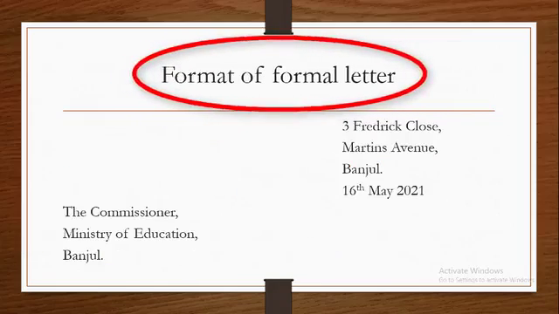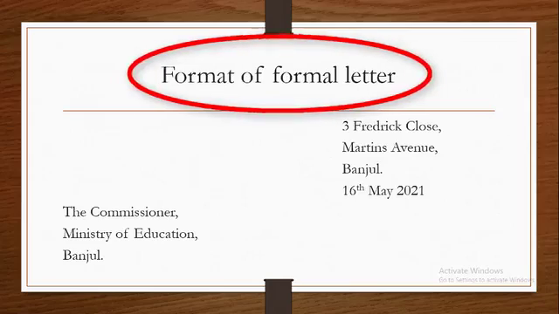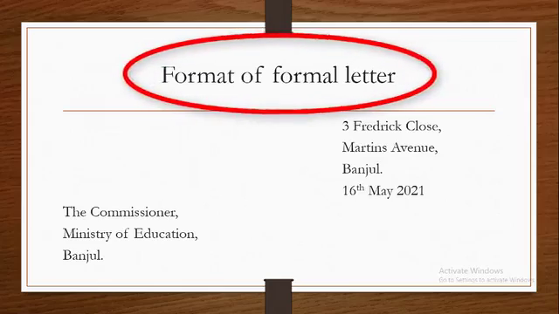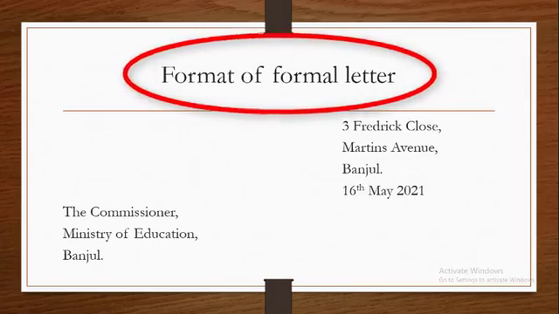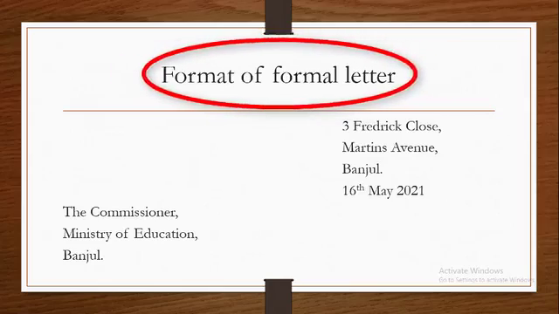All right, this is a specimen of a formal letter, where you have number 3, Frederick Close, Martins Avenue, Banjul, and this letter was dated 16th May 2021. Okay, and you are addressing the letter to the Commissioner, Ministry of Education in Banjul.